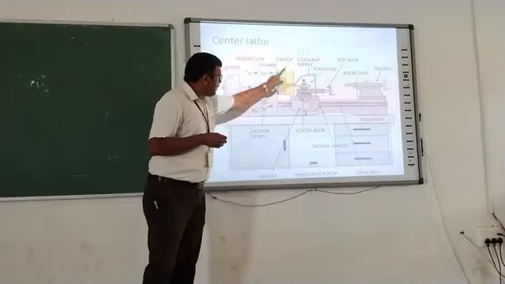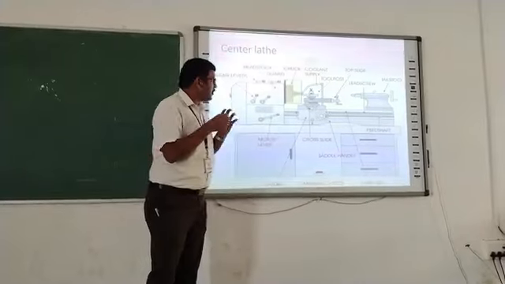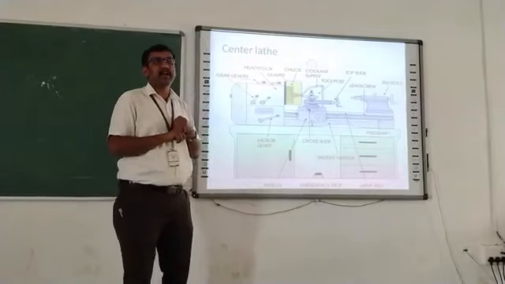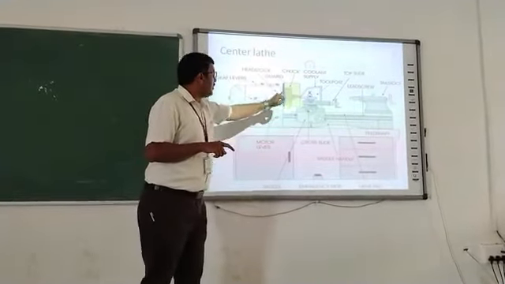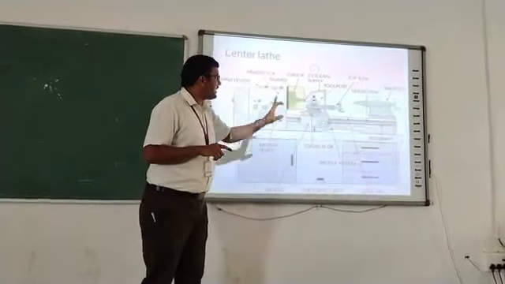The tool can be placed in the carriage. That is called the tool post, where you fix the tool, and a single point cutting tool is used in the tool post. Next important part is the lead screw.